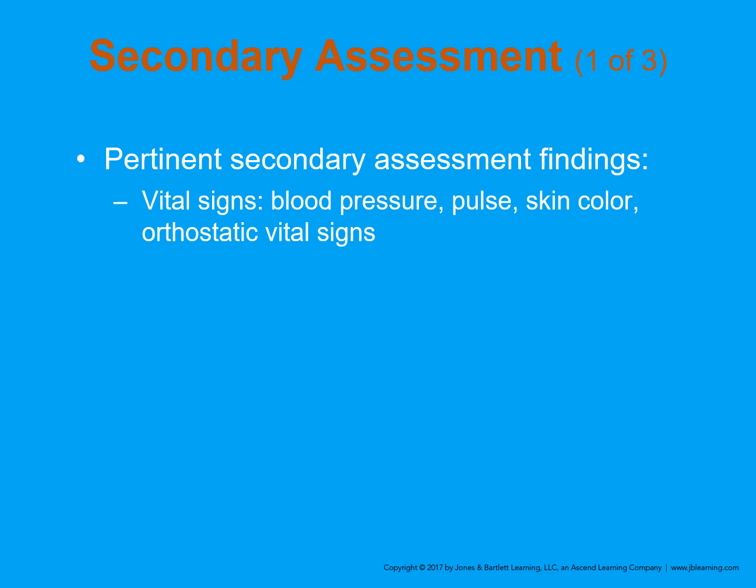Your pertinent secondary assessment findings, again, we want to make sure we get the vital signs, blood pressure, pulse, skin color, and if they are slightly lightheaded, perhaps showing signs of early shock, get a set of orthostatic vital signs.